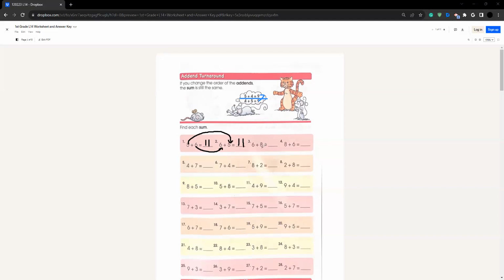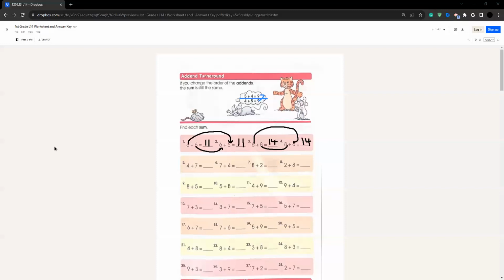So 6 plus 8. 6 plus 8 is going to give us 14, if we do the math. And then because this number is the same, and this number is the same, we know that 8 plus 6 is going to equal 14. So order of the numbers in addition does not matter.